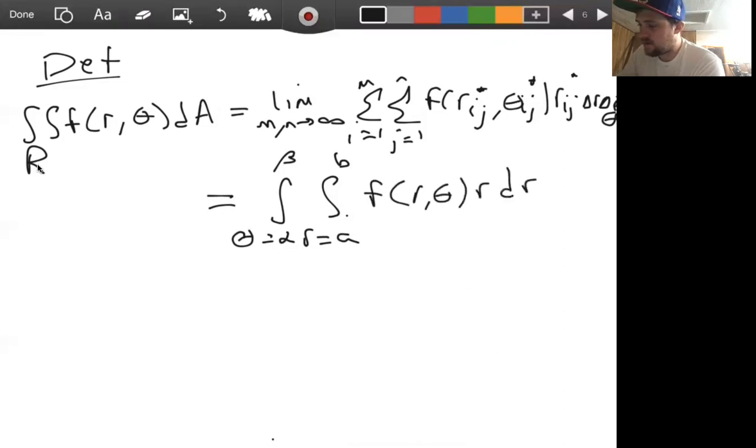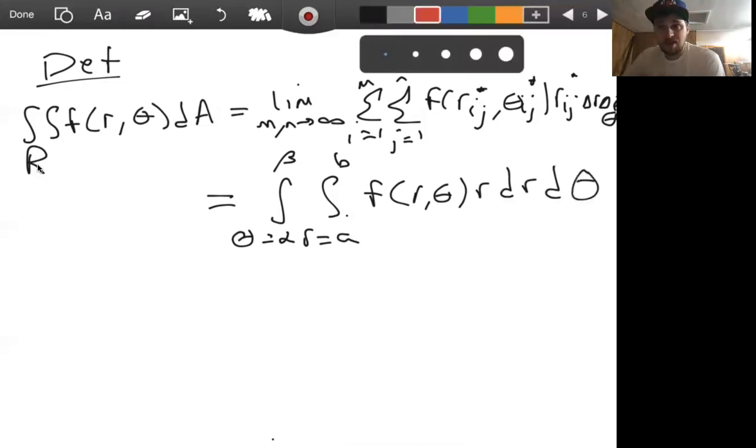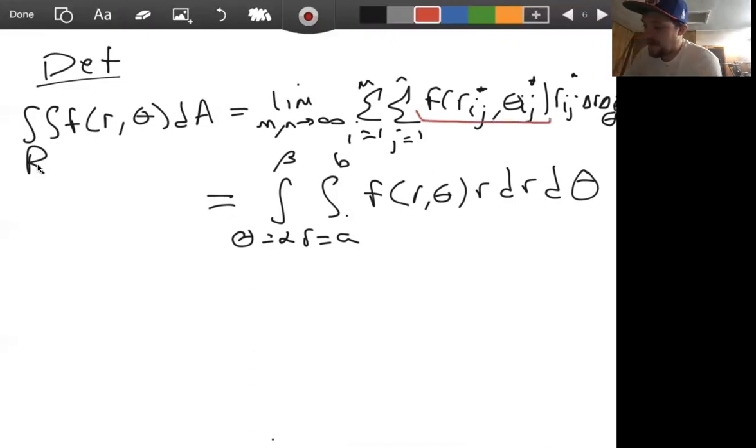r dr d theta. When we take the limit of m and n as they go to infinity, the sum of these f's become the integral. The sum of these r's just become r, and then delta r becomes dr, and delta theta becomes d theta.